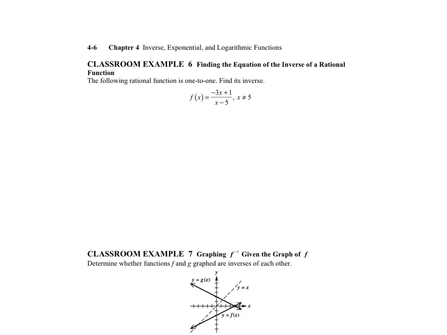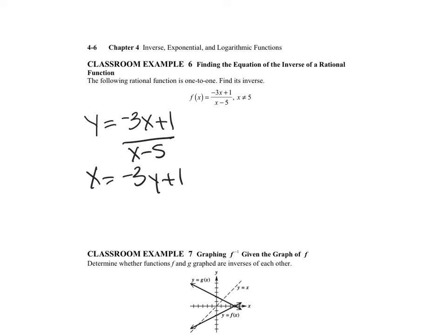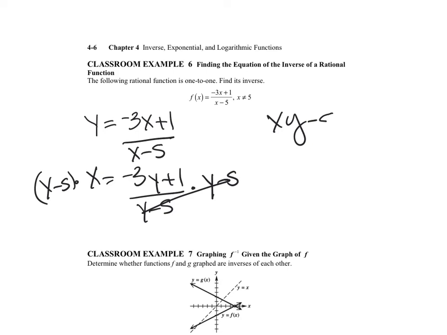Okay, so this rational function, it says the following rational function is one-to-one. Find its inverse. And x cannot equal 5 because that would make the denominator 0. So first I'm going to do y equals negative 3x plus 1 divided by x minus 5. Then I'm going to switch the x and the y, and then solve for y. So first I have to get rid of the denominator. So then I have xy minus 5x equals negative 3y plus 1.